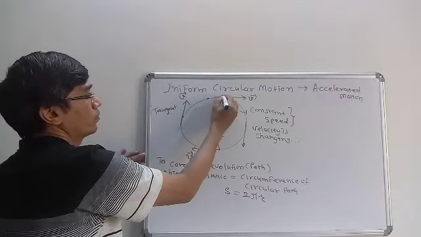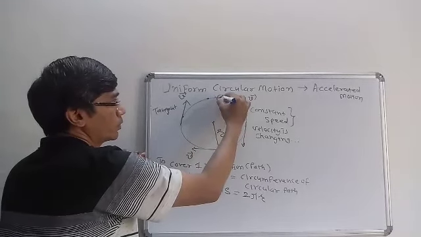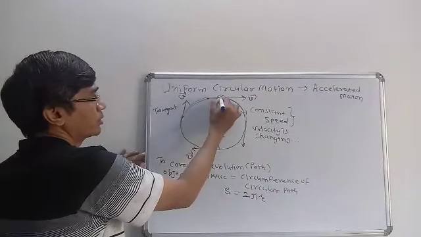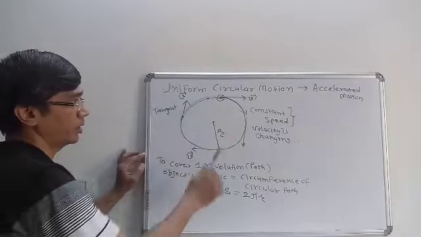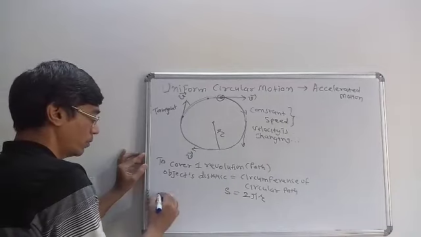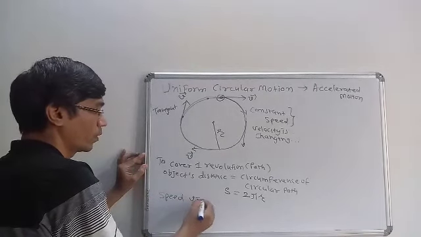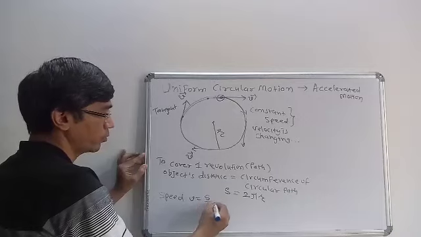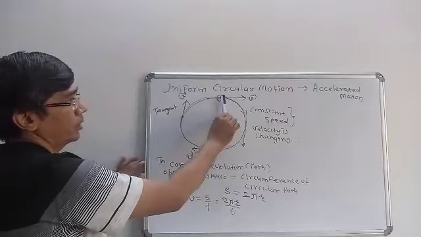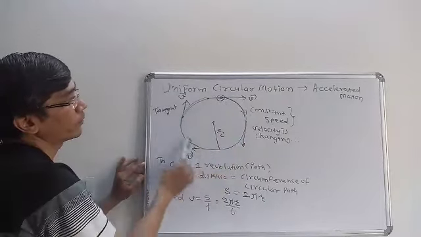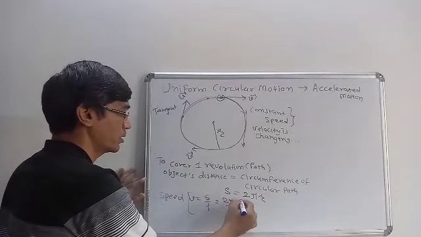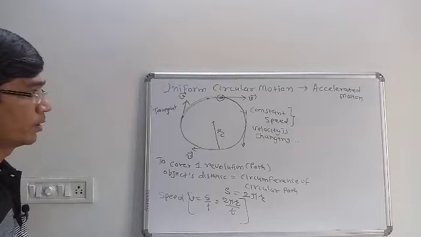We can start the motion from this point, and again the particle reaches the same point in the circular path. Then it covers the 2 pi r distance. So the speed is given by v is equal to distance upon time, 2 pi r upon time t. The particle takes time t to complete one revolution. So in this way we get the speed v is equal to 2 pi r upon t.